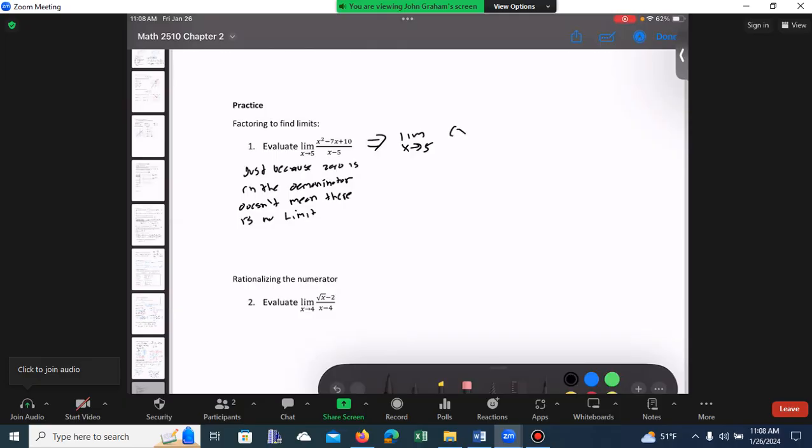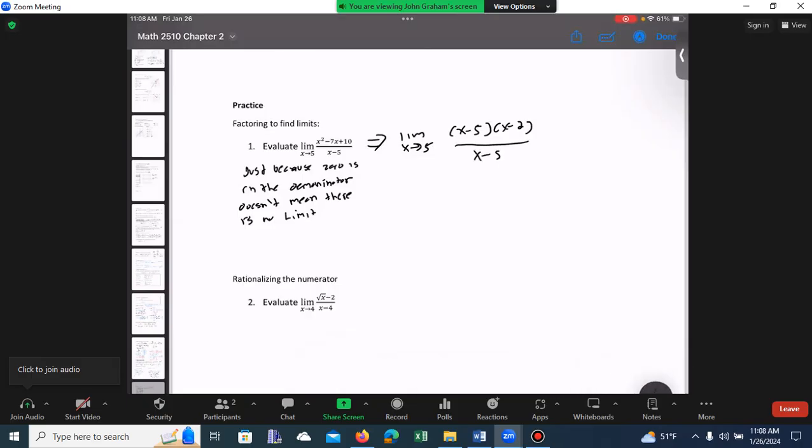And when we factor this, we get x minus 5 times x minus 2 on top. We have x minus 5 on the bottom. Well, the x minus 5's cancel out. You end up with a limit as x goes to 5 of x minus 2. That is something we can plug in. So now you get 5 minus 2, which is 3. The limit here as x goes to 5 of, I'm just going to call it f of x, equals 3.